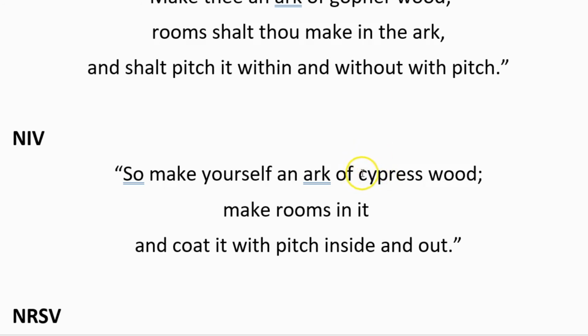Gopher, Gimel, Fei, Resh, sounds similar to cypress, so they are making an attribution based on certain scholarship. Which is fine. They very well might be right, and they very well might be wrong about the identification of the type of wood.